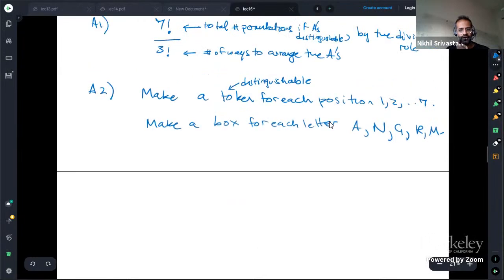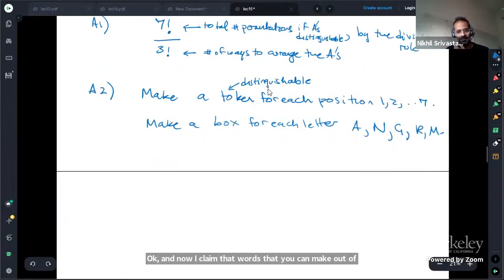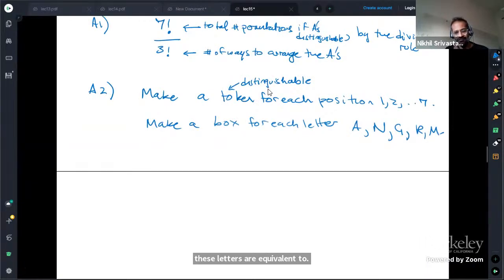Okay. And now I claim that words that you can make out of these letters are equivalent to allocations of these tokens into these boxes, where the A box has 3 tokens and all the other boxes have 1 token.